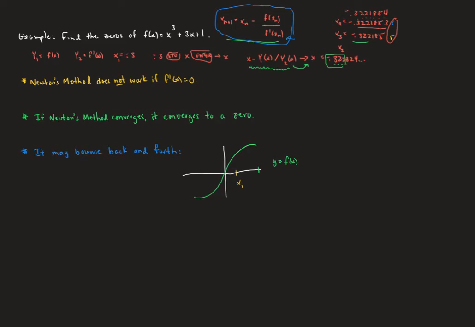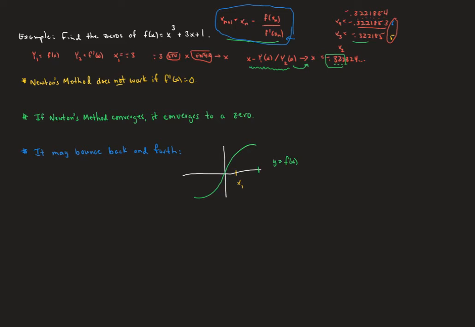If you're not, it may send you careening off somewhere, and you may still find a 0, but it may not be the 0 that you're looking for. So sometimes you have to be pretty careful about what your first guess is.